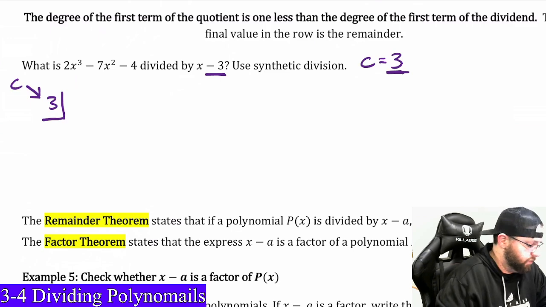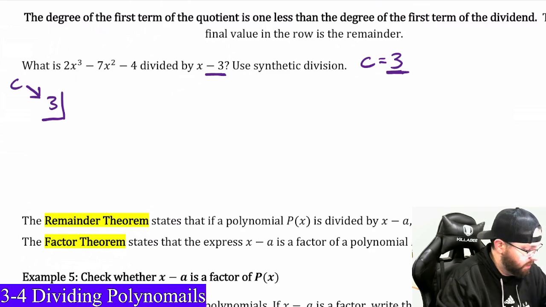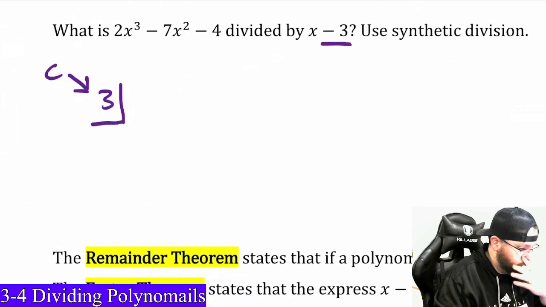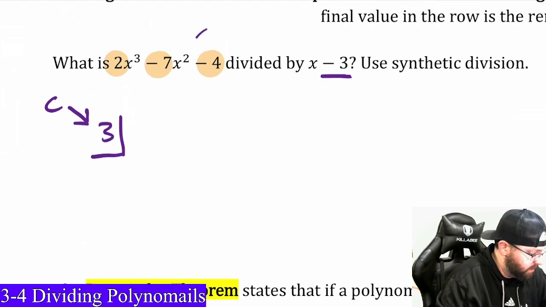Then what we're going to do is write all of the leading coefficients below here. The leading coefficient of 2x cubed is just 2. So we're going to grab a 2 here, a -7, and the -4. And notice that this one is missing an x.